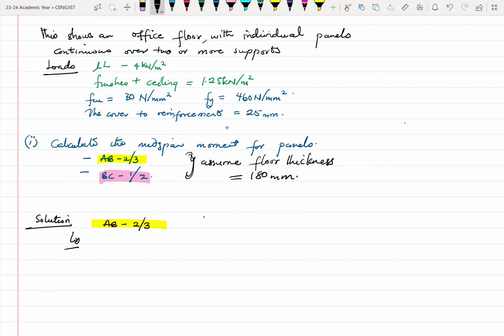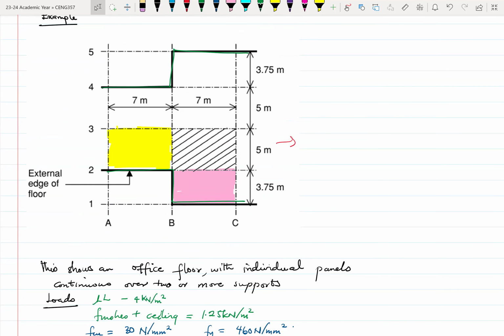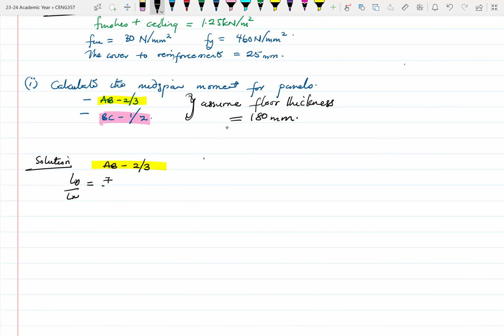The Ly will be the longer length, which is 7 meters, and the Lx will be the shorter length, which is 3.75 meters. So 7 over 3.75 gives us 1.867. This is less than 2, hence it is a two-way slab, or two directions.